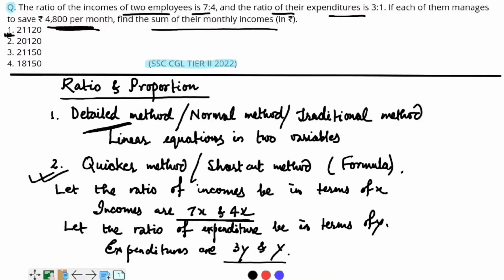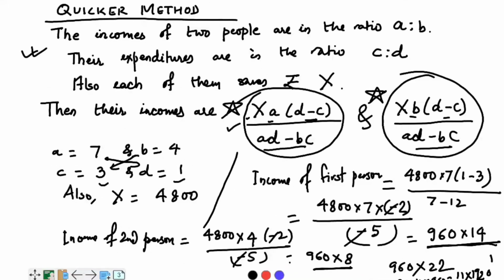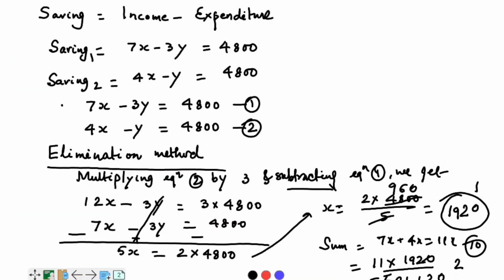The detailed method is also a nice one, it's a simple thing. This formula you have to remember if you do it by the quicker method. Hoping that you are aware of both these methods, and if you cannot remember all this formula, then leave it and solve it by the simple method.